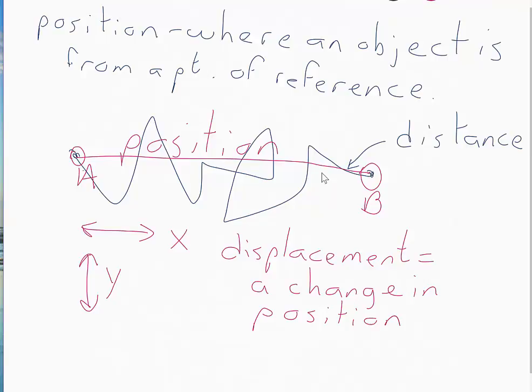And that's important. So, for example, if we are talking about having gone from A to B, then we could have a positive displacement. If we are talking about going from B to A, we would have a negative displacement.